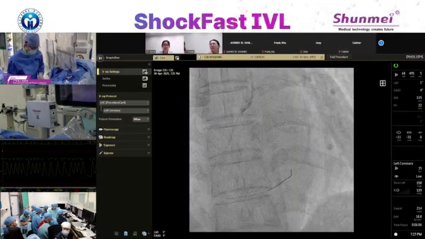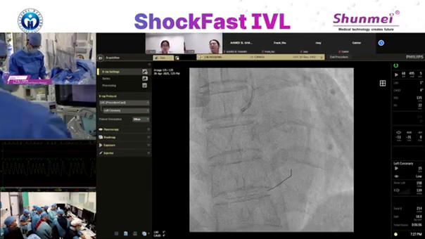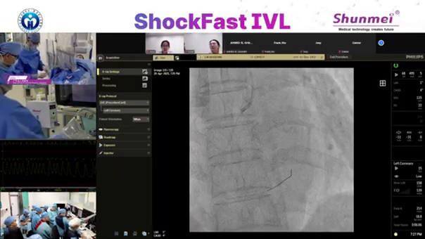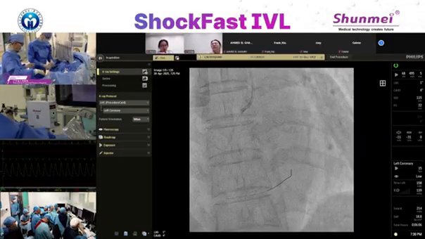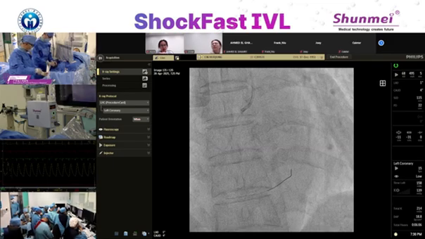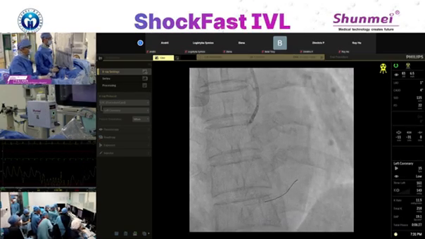Now to prepare the ShockFast balloon, we need a 3-way stopcock. I'm not sure if this kind of IVL balloon can cross such a stiff and bent stenosis. Just let's try. Now it's smooth. It's very smooth.